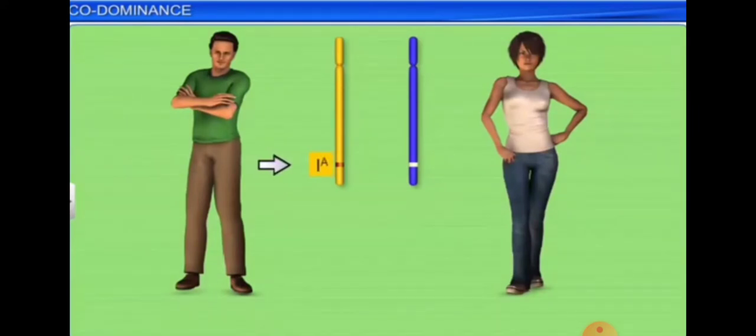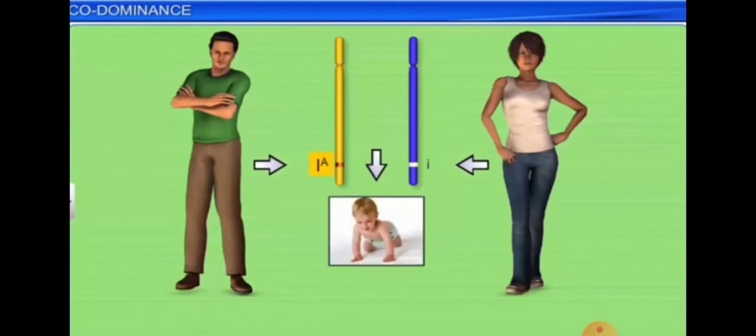Therefore, if the allele from one of the parents is capital IA and from the other is small i, only IA is expressed in the offspring, as small i does not produce any sugar.